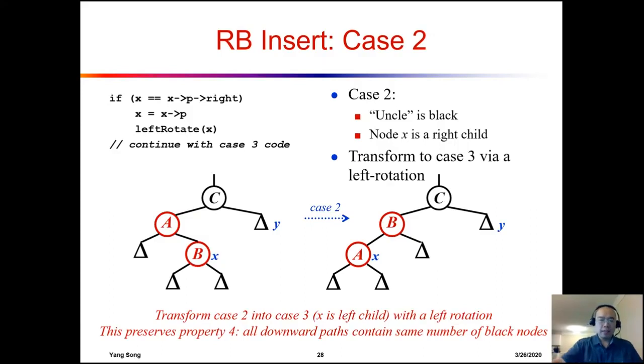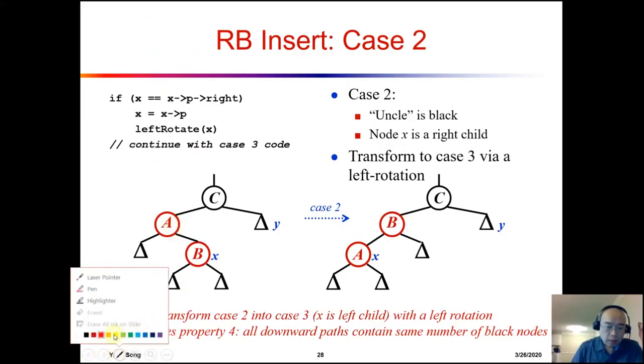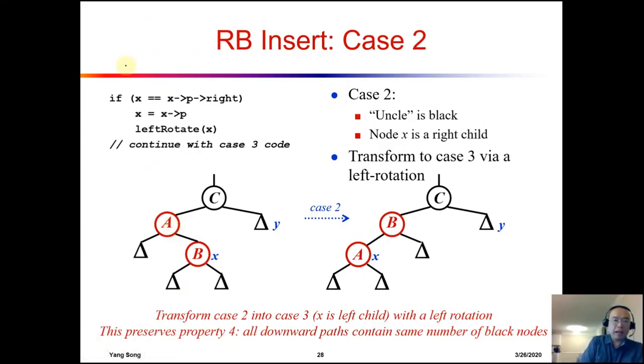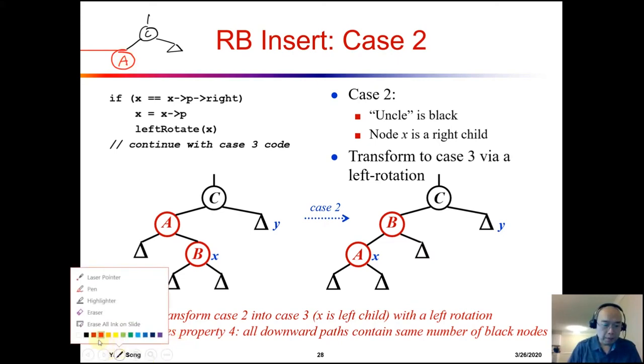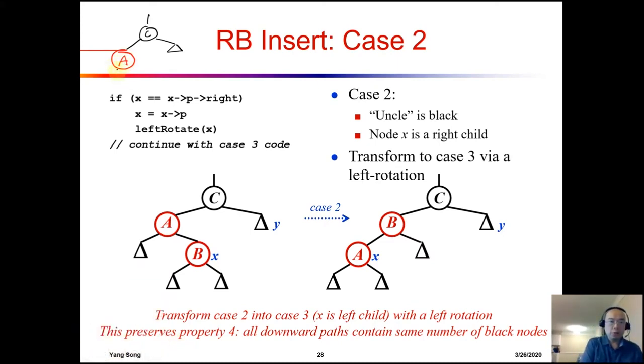Think about that. Before we inserted X, what was this tree like? Before we insert X, we should have a C, and a triangle here, and a red A. Underneath A, we have two triangles.